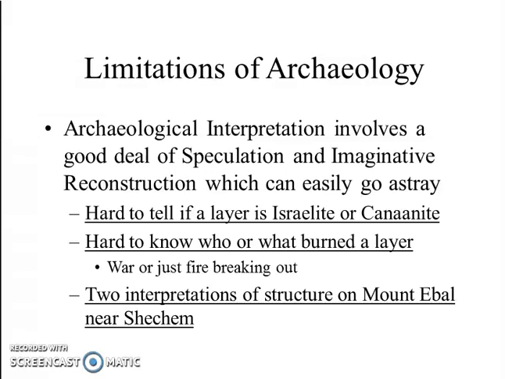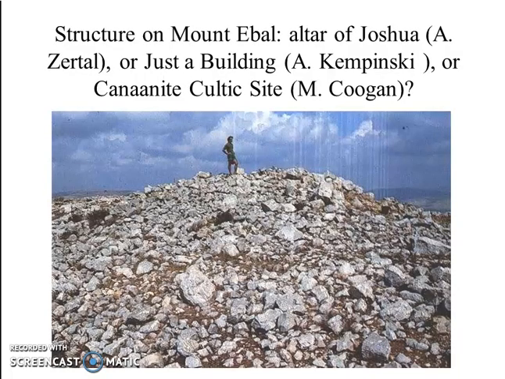There are two interpretations of a structure on Mount Ebal near Shechem. One archaeologist interpreted that rubble as the remains of the altar that Joshua built, according to Joshua chapter 8. It was Zertal who suggested the connection with Joshua, but then another archaeologist, Kempinski, said no, it's just a building.